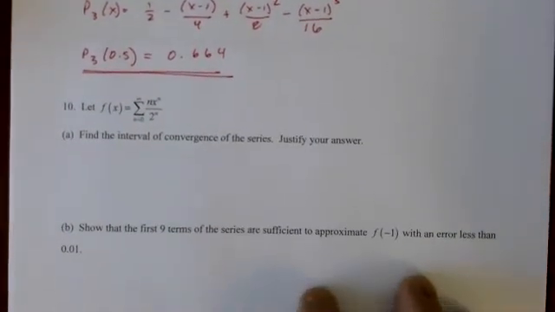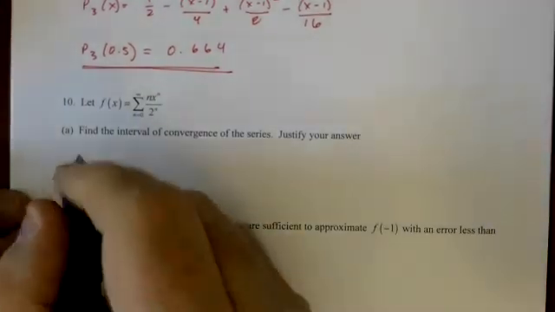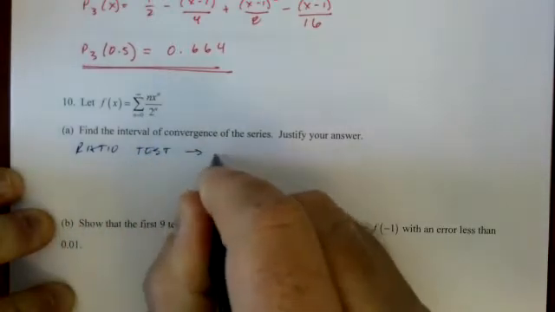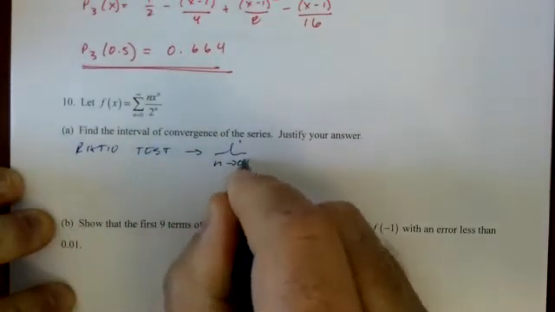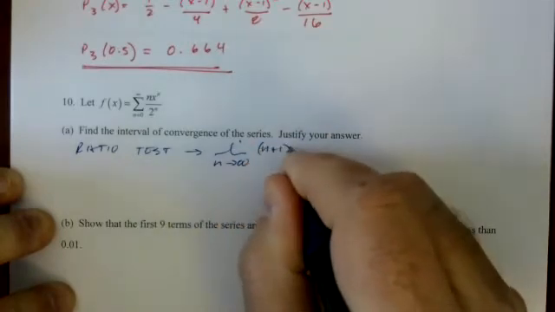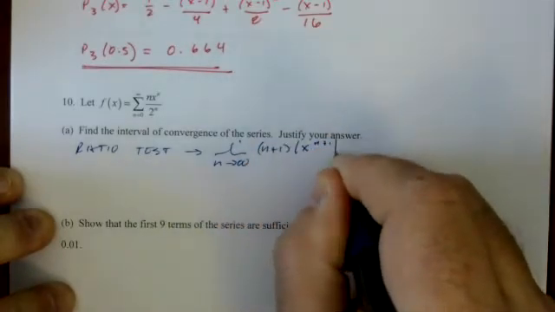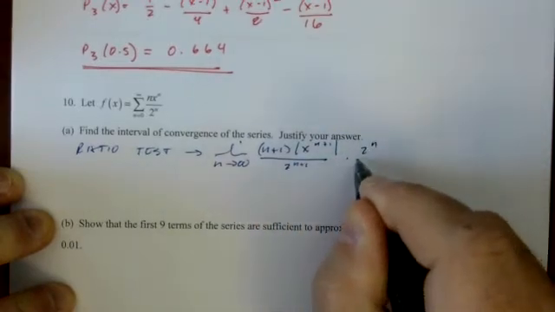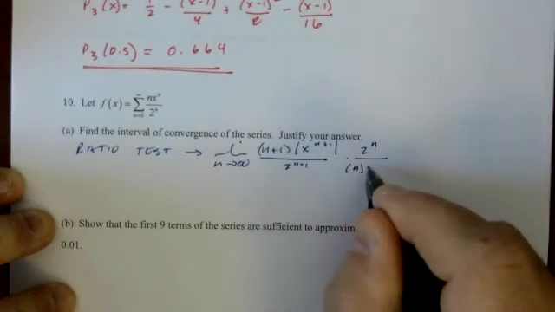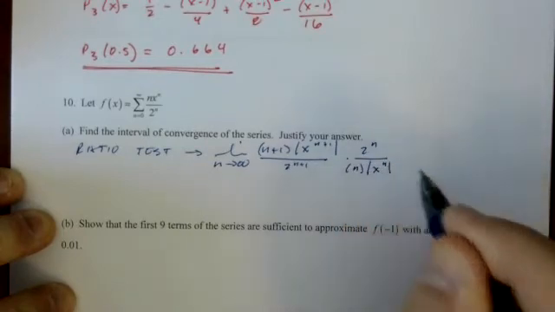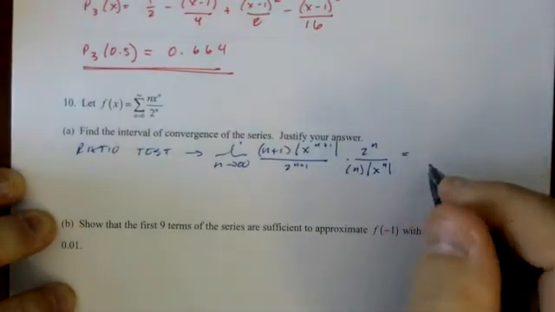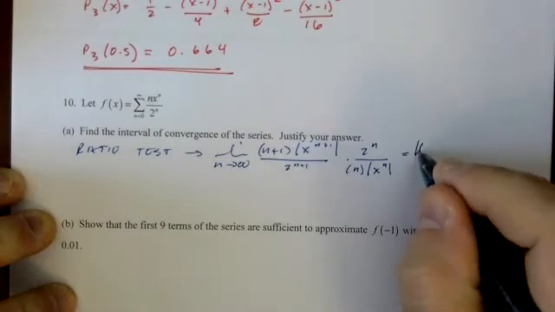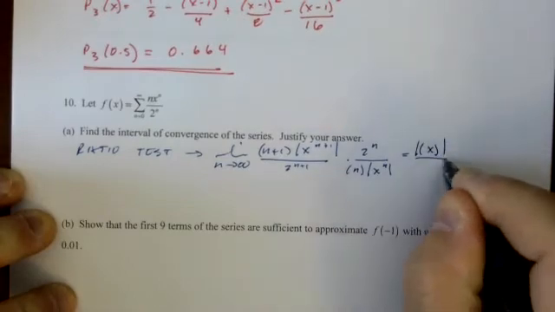Let f of x equal this. Find the interval of convergence. So ratio test. Limit as n goes to infinity of (n plus 1) x to the n plus 1 over 2 to the n plus 1, times 2 to the n over n x to the n, equals x over 2.